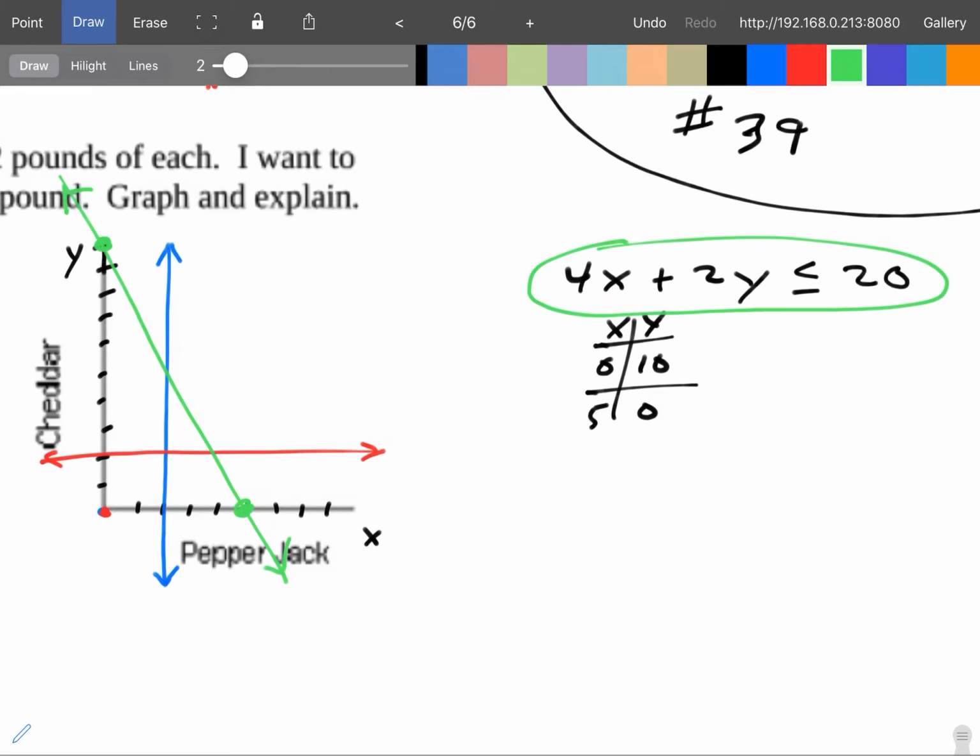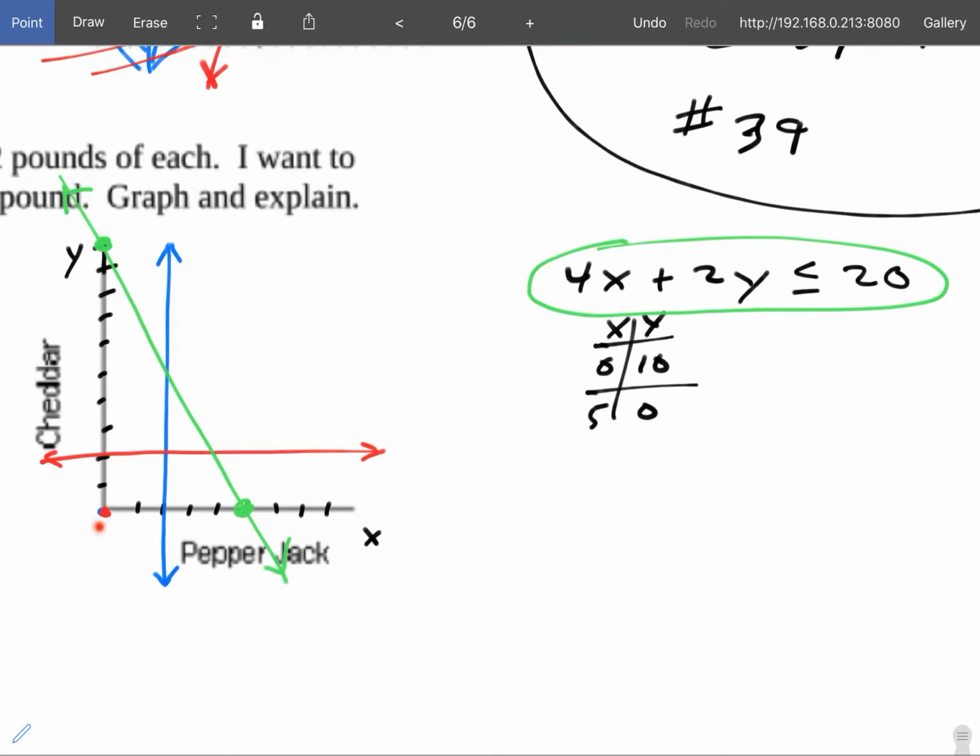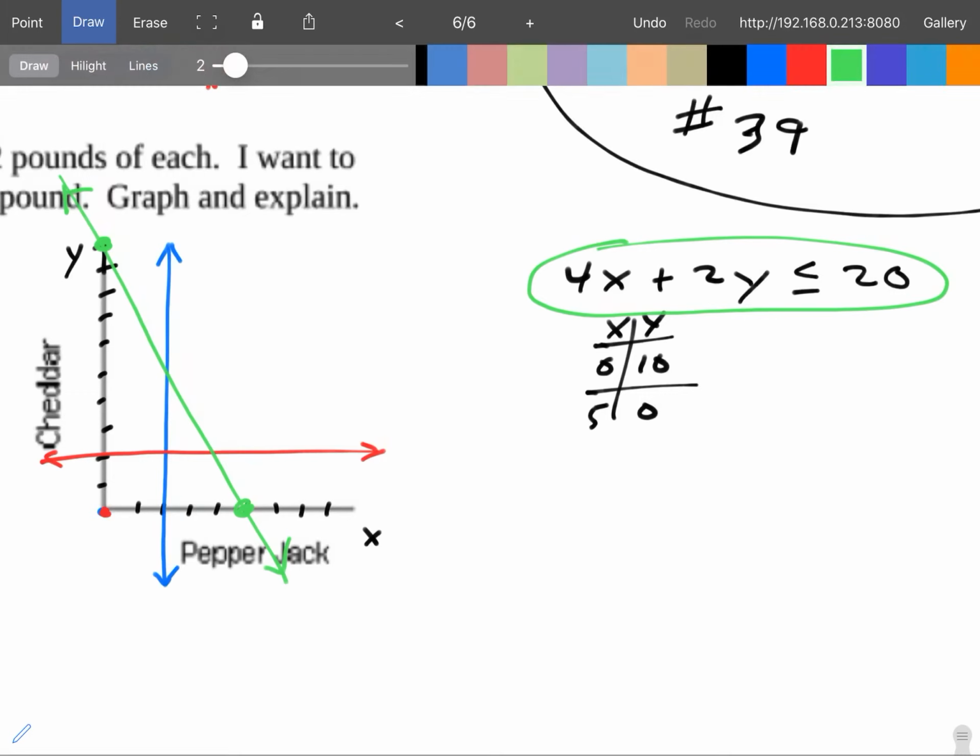All right. And then what point are we going to test again? Don't be shy. 0, 0. Yeah. So we're going to test 0, 0 again right here. So we are going to plug in the 0 for x and the 0 for y into the original inequality.